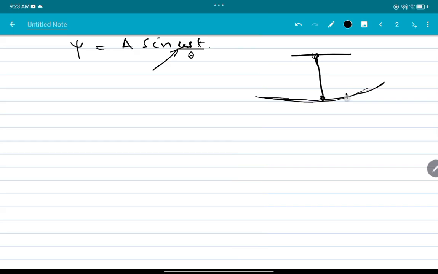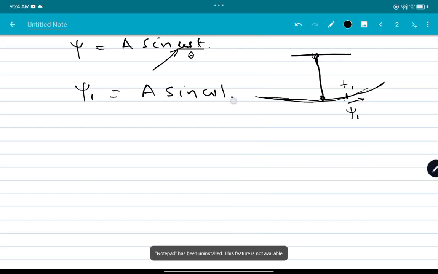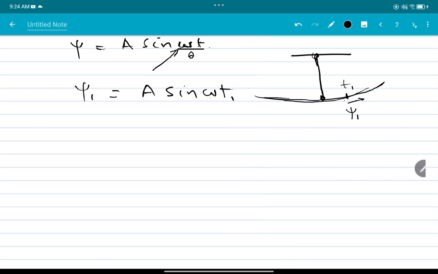Suppose at a particular instant t1, the pendulum passes through this point in the positive right direction. So at t1, suppose this displacement is psi 1. So displacement is psi 1 equals a sine omega t1. You don't change omega or a, because they are constants.